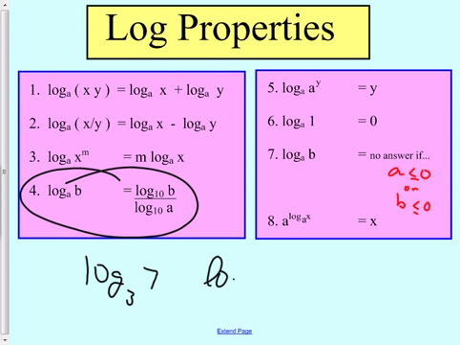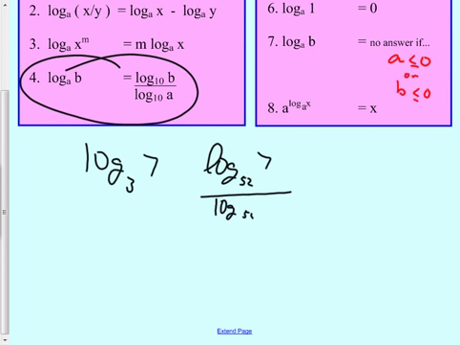Would it be okay to say log base 52 of 7 over log base 52 of 3? Yeah, but in the context of putting that in the calculator, that wouldn't be okay, because your calculator can't do base 52. So this would be a correct answer, but not if the question was, what could you put in your calculator?